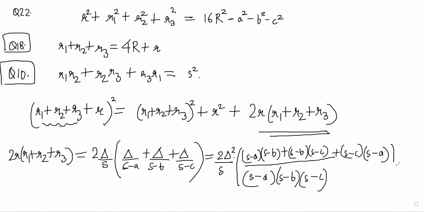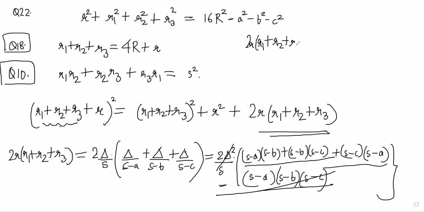Yes, sir. Now s into this will cancel the del square, right? So what you end up with is just 2 times this thing. Simplifying this a little bit, you get this is equal to basically 2 times, there are 3 s square terms that will come, 3s square minus s times a plus b minus s times b plus c.